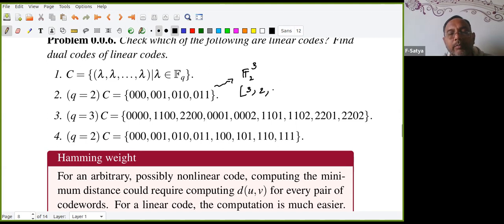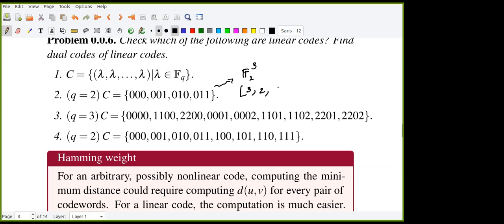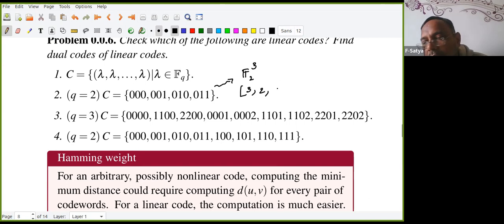What is the distance of the code? Someone has to tell. Now, can someone tell me what is the distance here? See, you need to respond.